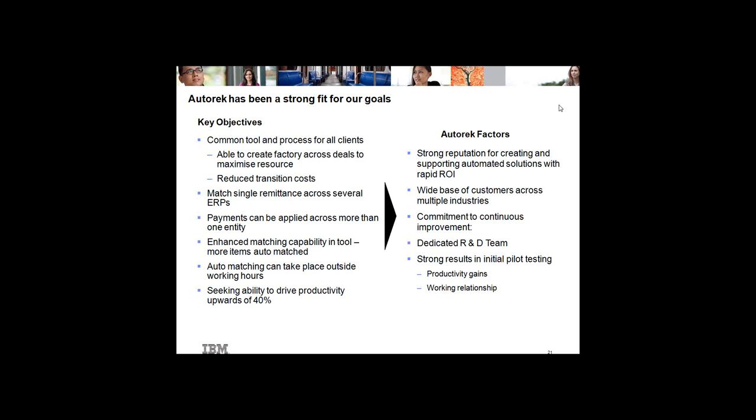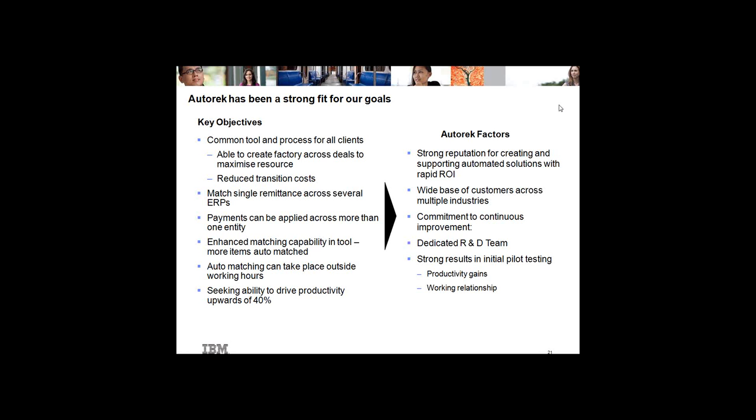As I alluded to previously, we're looking for ways to improve on the matching functionality implicit in the ERPs that we work with. Many of those environments are complex. They require the ability to use multiple different parameters to do the matching, and AutoRec provided that and allowed us flexibility, with relative ease, in changing parameters or adding parameters to maximize posting effectiveness.